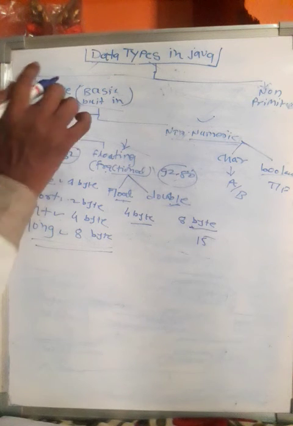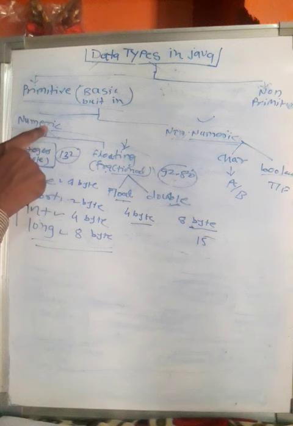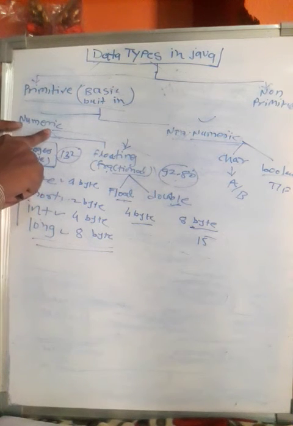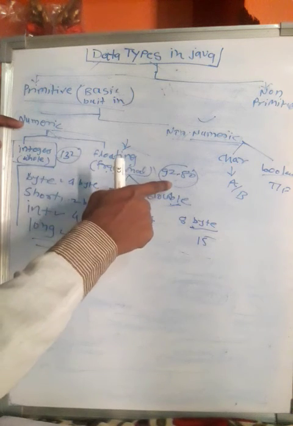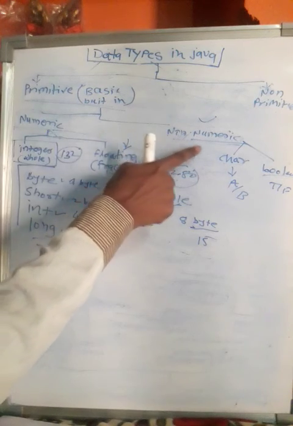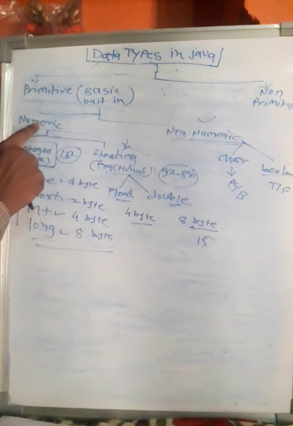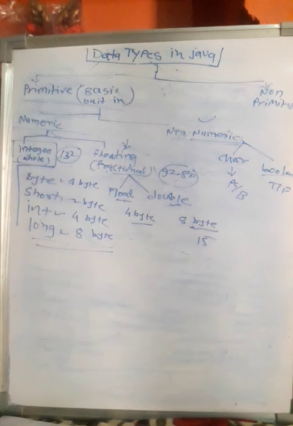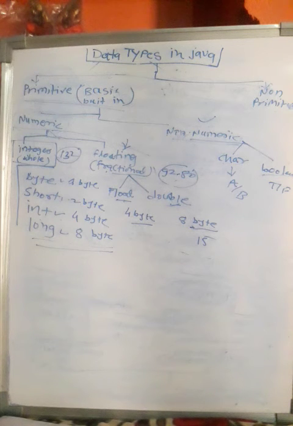Now we've seen the primitive data types, that are the basic data types: numeric and non-numeric. Numeric means any numeric value, that may be integer or float, but both belong to numeric. Non-numeric is characters or boolean. Non-numerics and numerics both belong to primitive data types because they are built-in, available in Java, or basic data types.